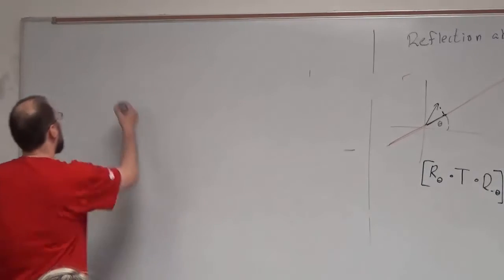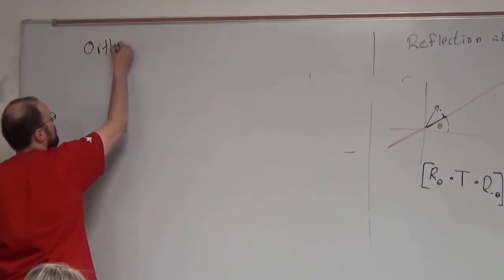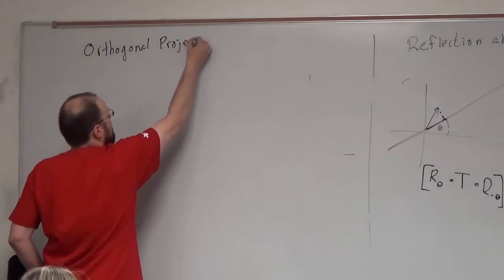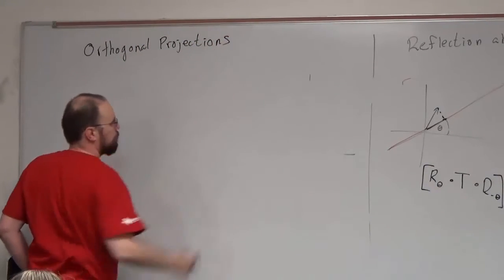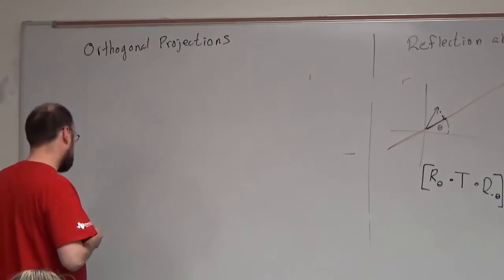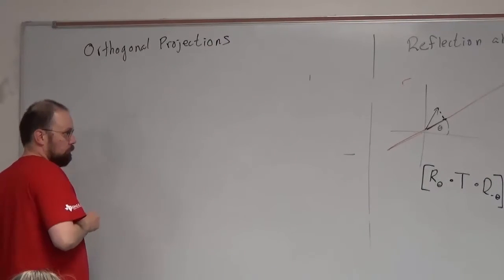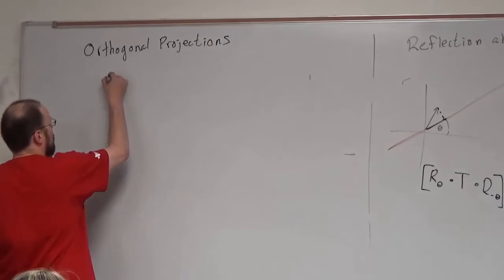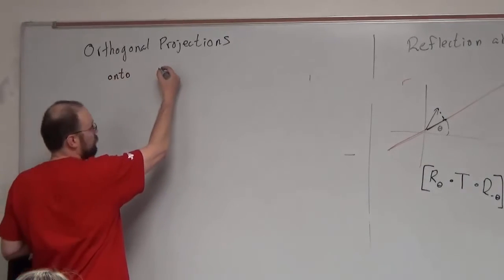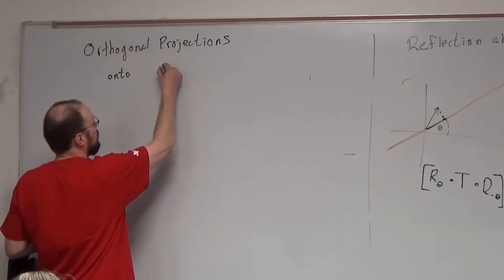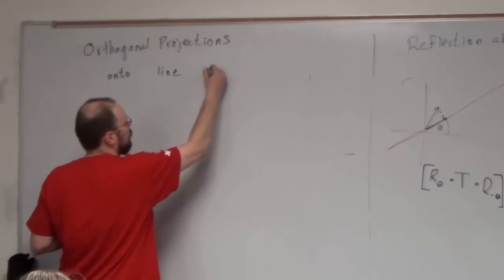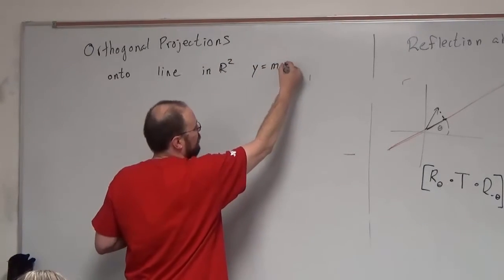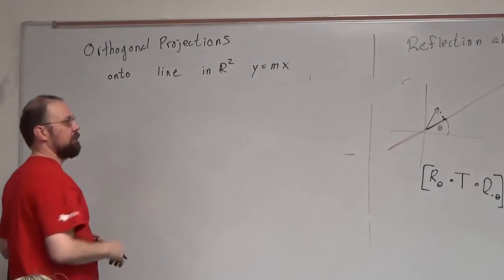And these are called orthogonal projections. We'll just do projections onto a line through the origin. We're projecting onto subspaces, so our line has to go through the origin.